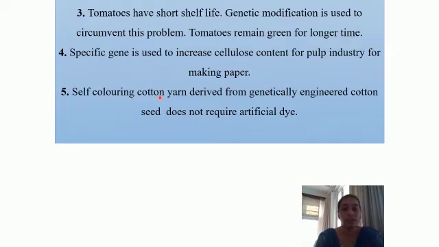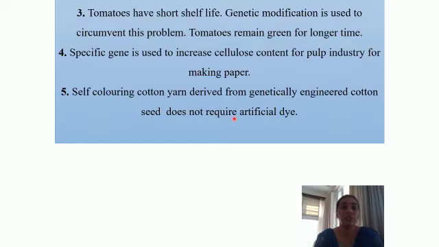Self-coloring cotton yarn derived from genetically engineered cotton seed does not require artificial dye. Now we all have seen cotton balls, and we have definitely seen them to be white in color. But nowadays, by genetically modifying the seeds of cotton, we are capable of producing cotton balls of different colors.